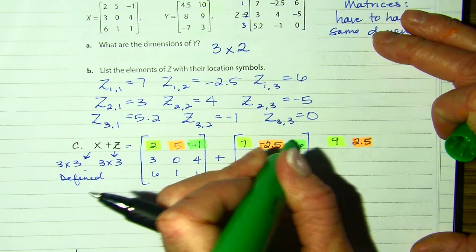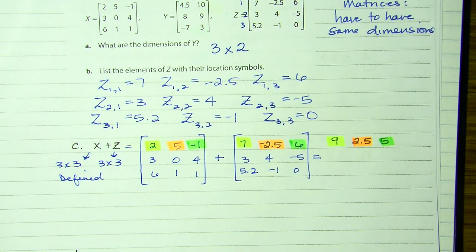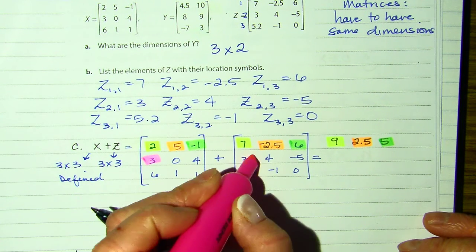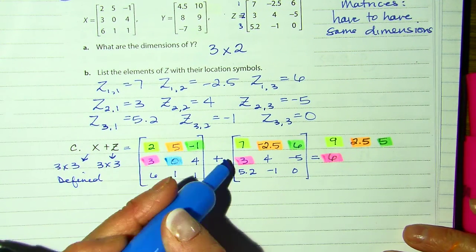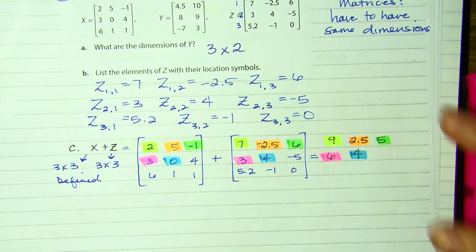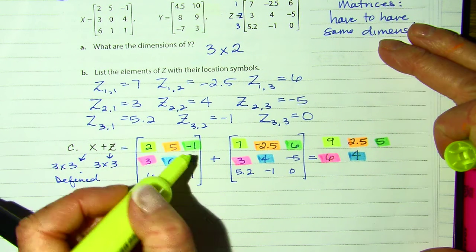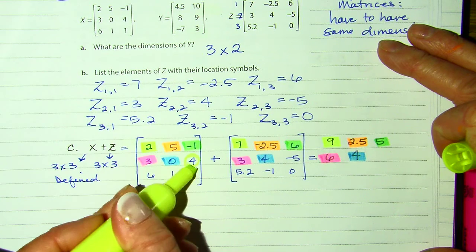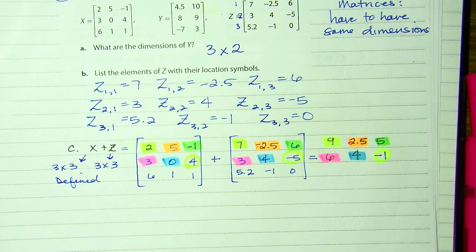Negative 1 plus 6 gives me 5. Next, 3 plus 3 goes here. That is 6. 0 plus 4 goes here, and that would be 4. Okay, and then I would just keep going. So 4 plus negative 5 would go here, and that would give me negative 1.